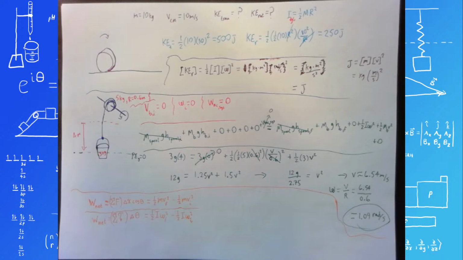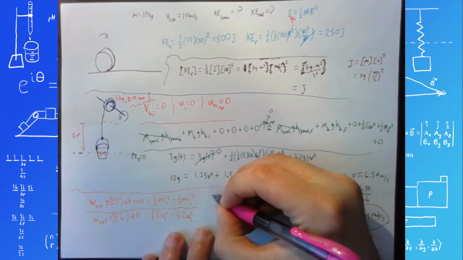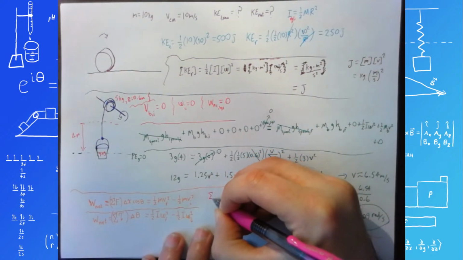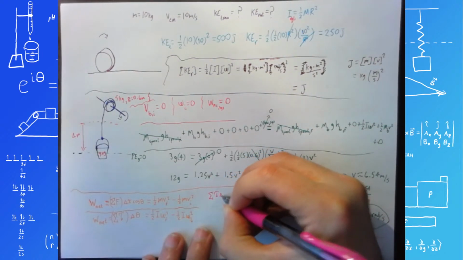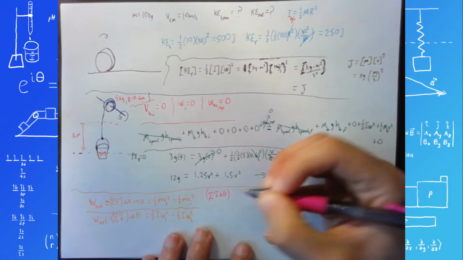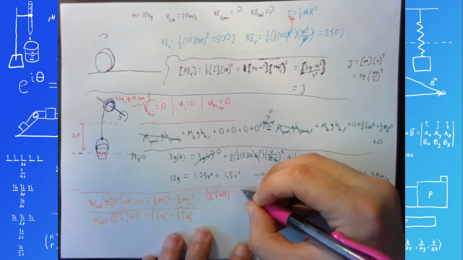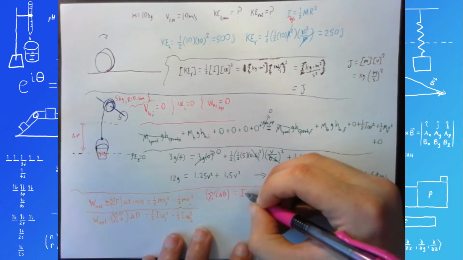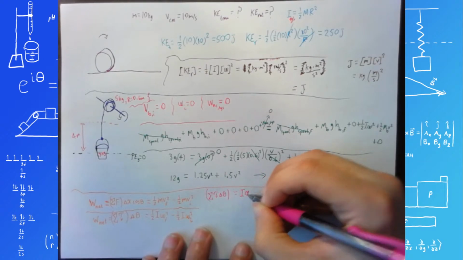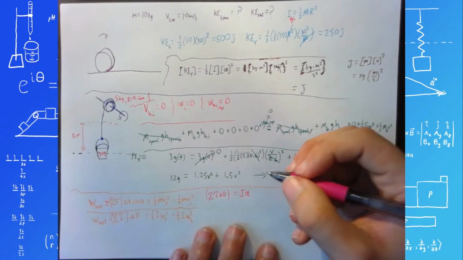I'm going to start with net torque times delta theta and see what I can do with that. Net torque times delta theta. Well, I know net torque is equal to I alpha, right? This is the rotational counterpart to Newton's second law.